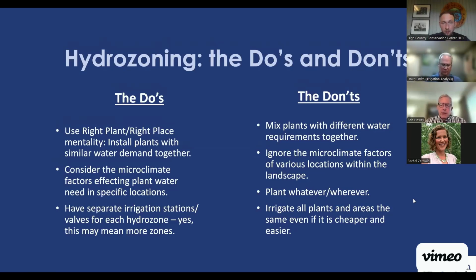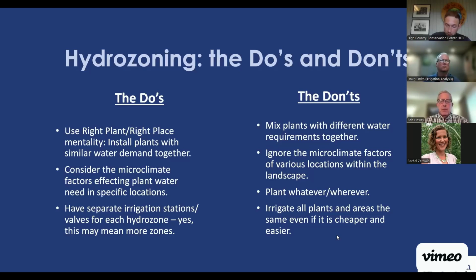And don't ignore microclimate factors within the landscape. So think about what you're dealing with, especially when you're doing installations. Hopefully the designer of the landscape and of the irrigation, usually separate people, are each taking that into account when they design their areas.